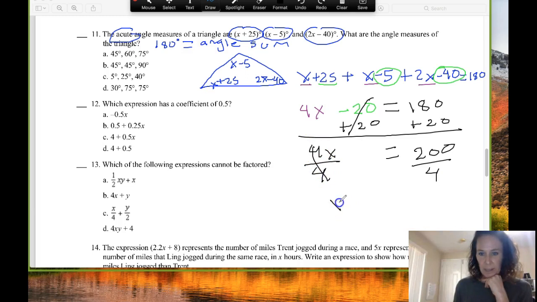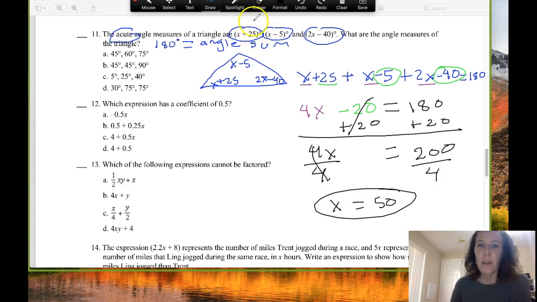I'm going to get x equals 200 divided by 4. I don't know that off the top of my head, but I know 20 divided by 4 is 5. Then add the 0, so I get 50. I know x is 50. Now come up and tell me what each of the angle measures are. Well, I plug in x here, and I'm going to go 50 plus 25.